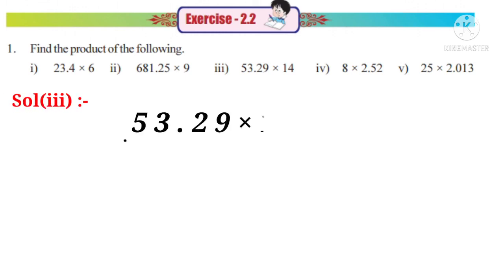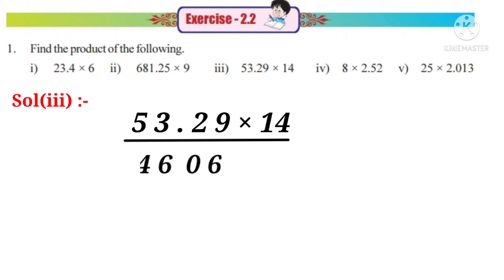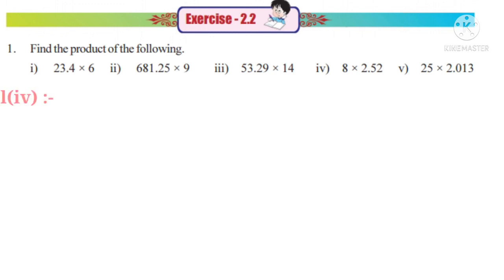Now solution 3. 53.29 into 14. By multiplying with 14 we get 7, 4, 6, 0, 6. Observe that there are two decimal places in the first number. So we should put the decimal point in the product counting from right side after two digits, that is 746.06. Solution 4.